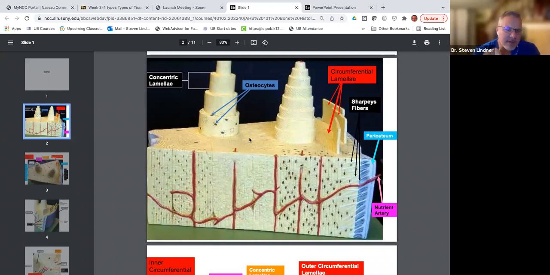Osteoblasts build up bone, osteoclasts break down bone. It's this constant cycle of building up and breaking down. You're building up bone, but then you have to break it down. And after it's broken down, you got to make more. So you have this balance that's required between those two cells, the osteoblast and the osteoclast.